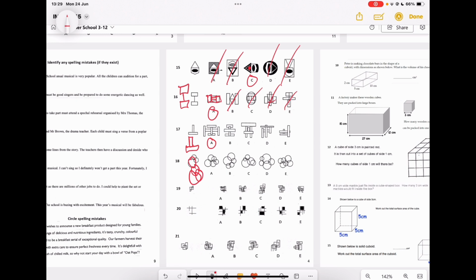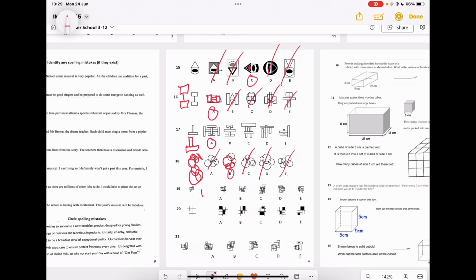So we can see the 18 is not going to be A. It could be B with the rotation. Yeah, it will be B. But just checking. Option C, no. Because now we're also looking at two circles that are of this size in the same position. So it's not going to be D, and neither will it be E. So yeah, the answer will be B.